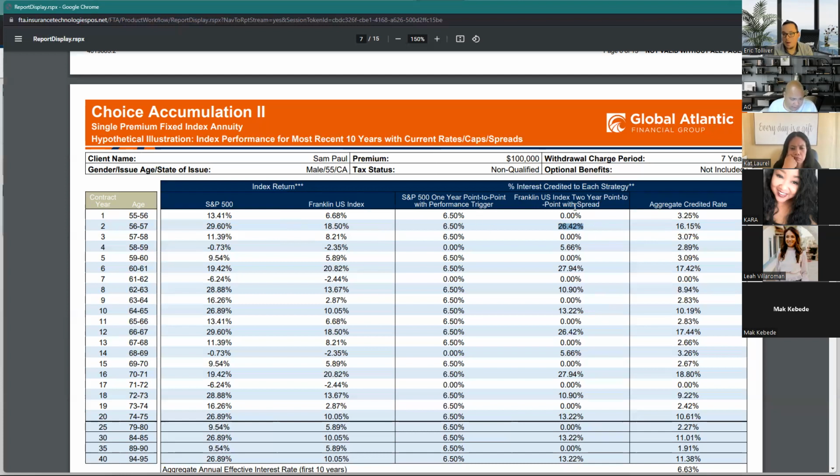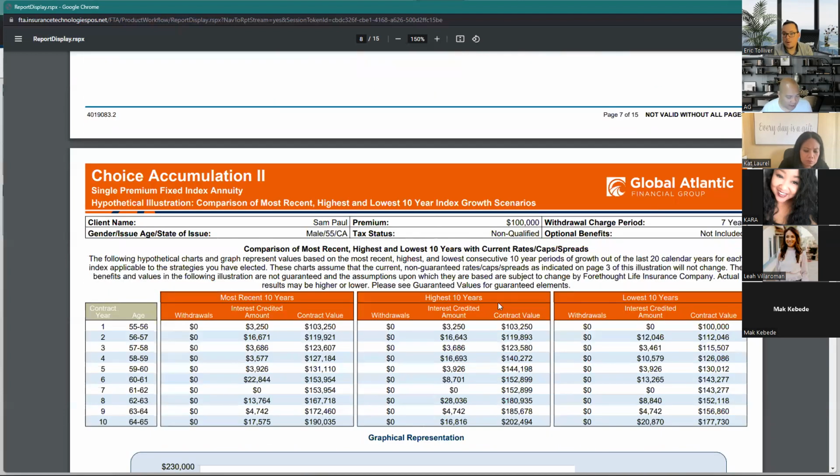So I get 24% on 50% of their money and 6.5% on the other 50% of their money. This is called a 50-50. That's why we used to just put everything on Franklin, because this is what it looks like. Okay? And so based on this growth, this is what's getting credited into their account. Does that make sense? And that is your accumulation.